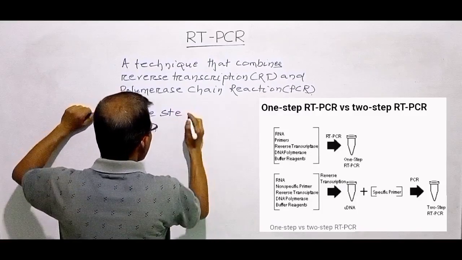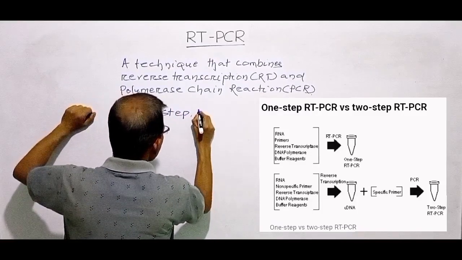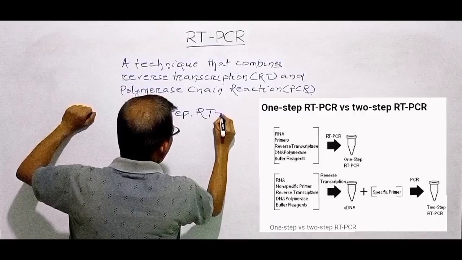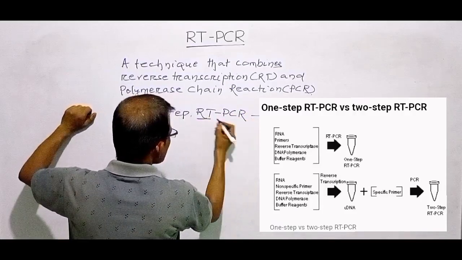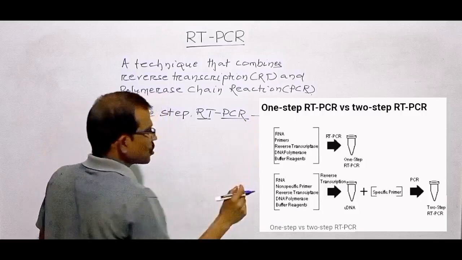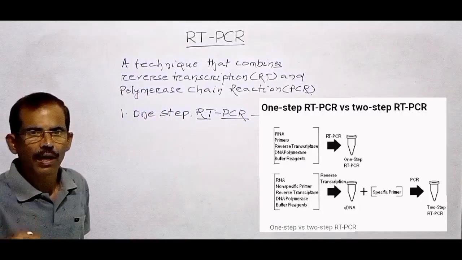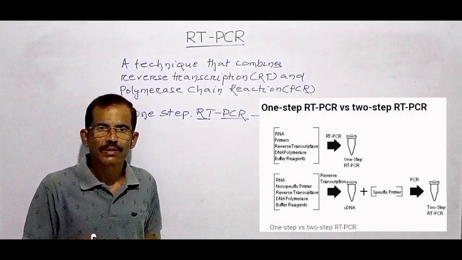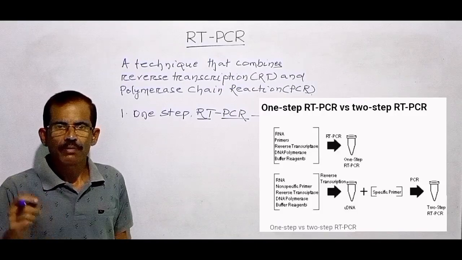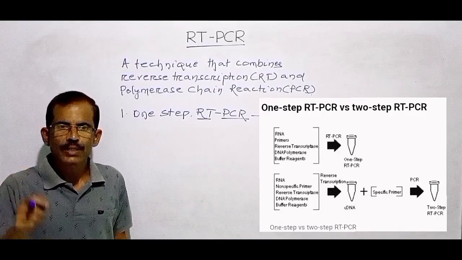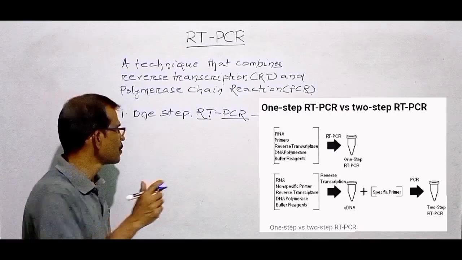First one is one-step RT-PCR, in which both reverse transcription and polymerase chain reaction are carried out in the same reaction tube. This approach minimizes experimental variation and is less prone to contamination.